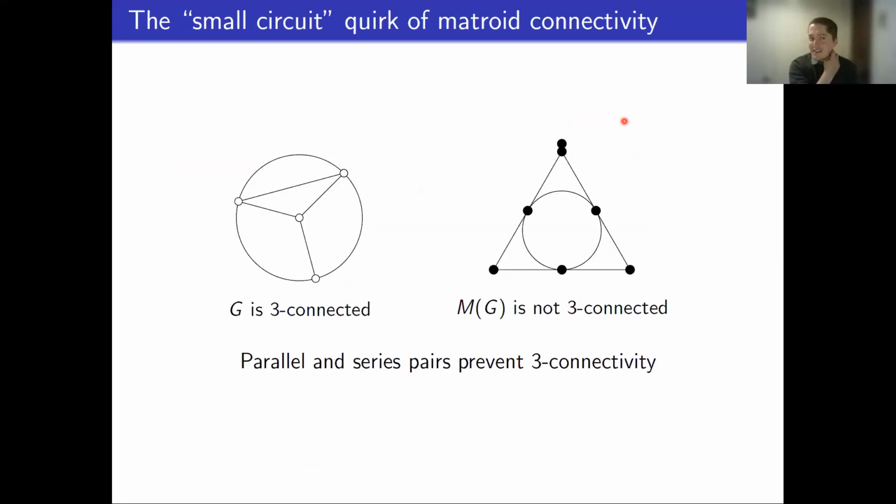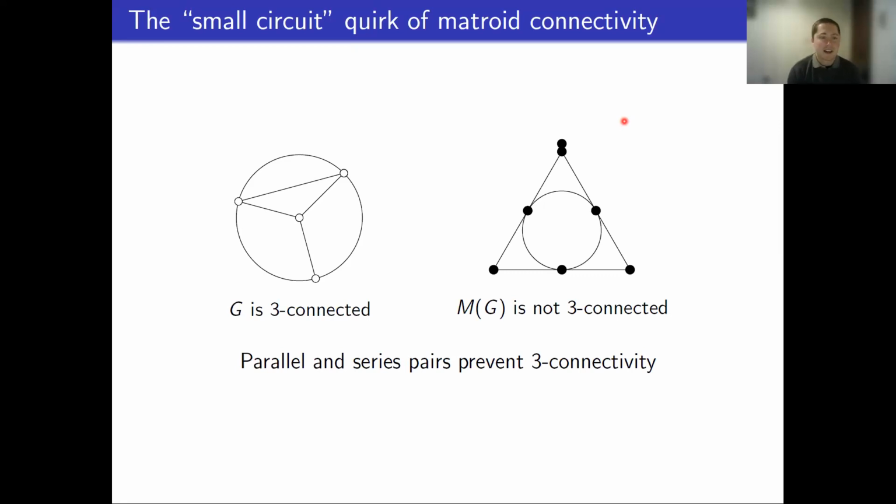Now we're going to zoom in on this fact that, because it's not precisely graphic connectivity, one of the quirks is that small circuits separate. In the 3-connected case, little parallel elements, or indeed the dual notion of a series element, get in the way of something being 3-connected.